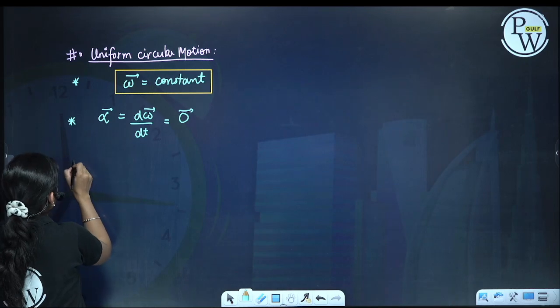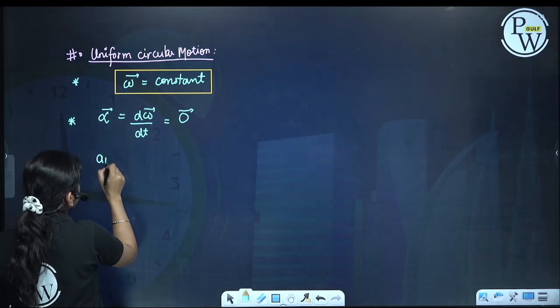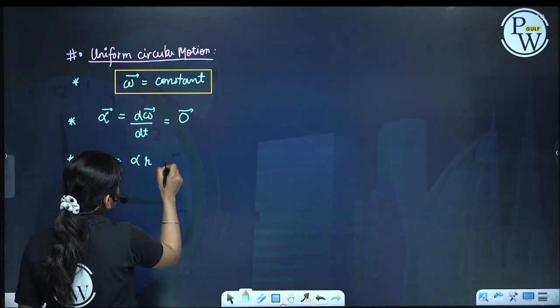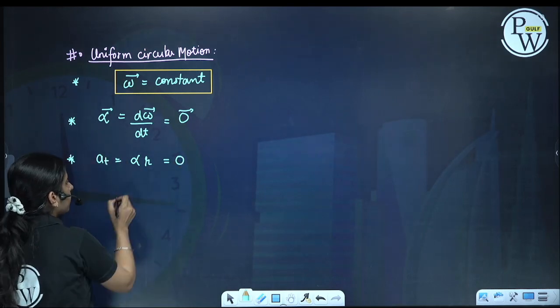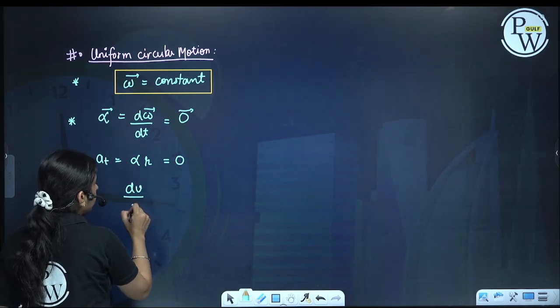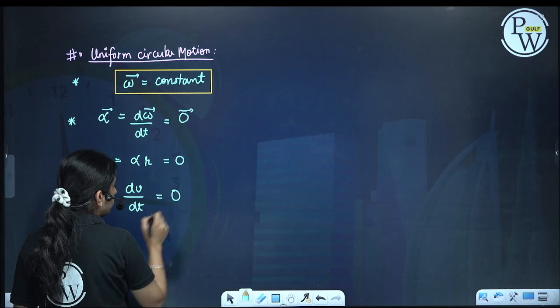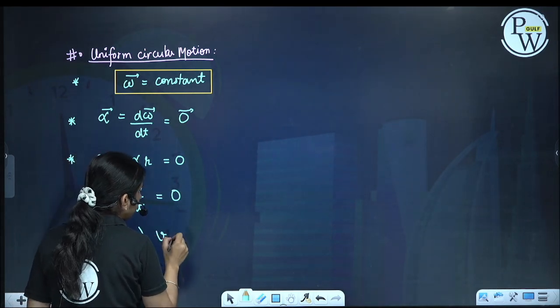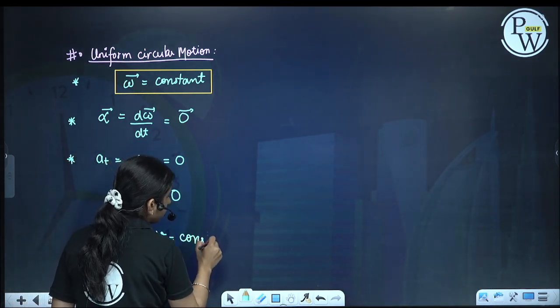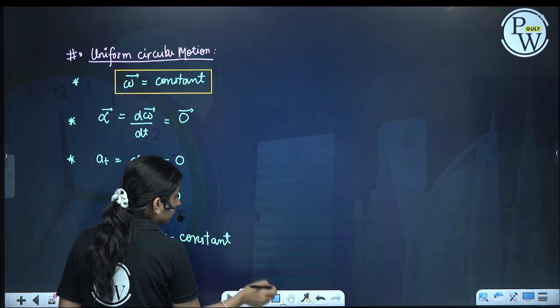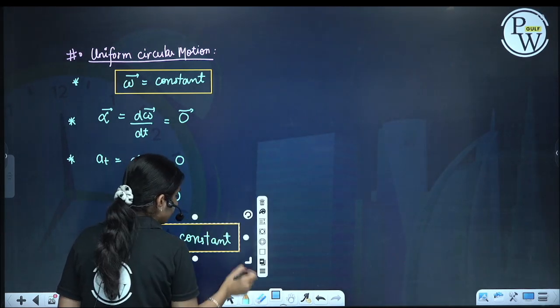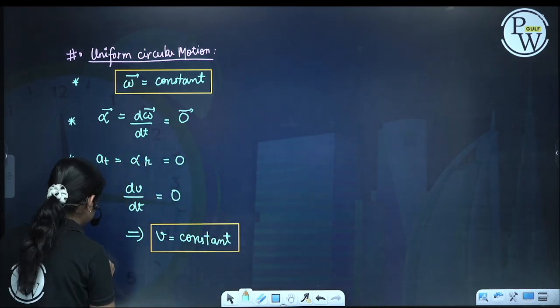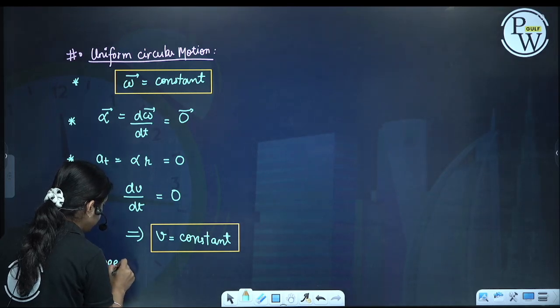Alpha is 0, so what will be my AT? AT equals alpha r, so AT will be 0, that is dv by dt is 0, which means v is constant, so speed will be constant.